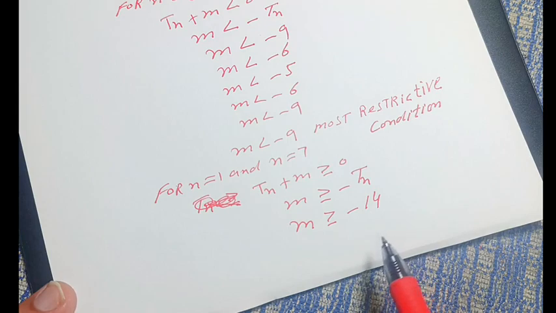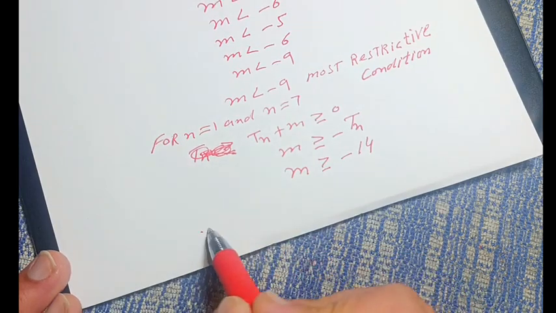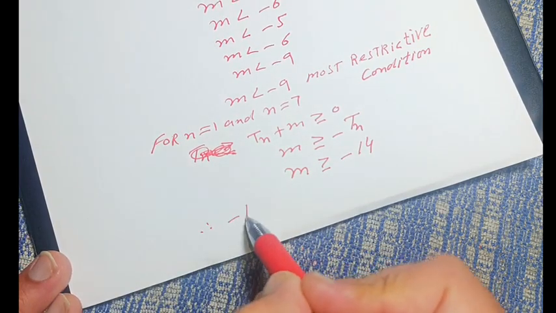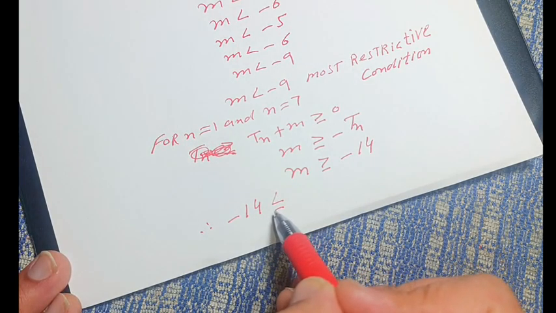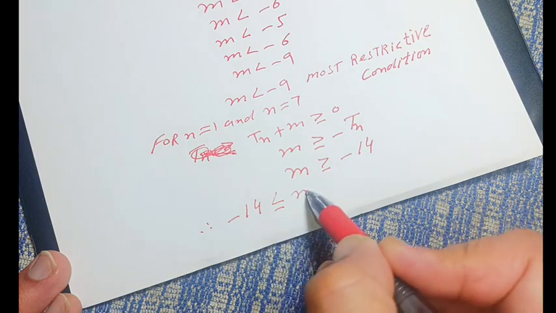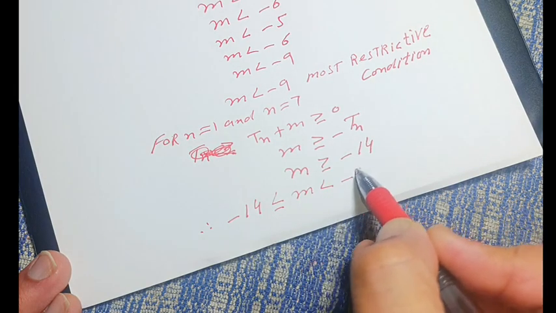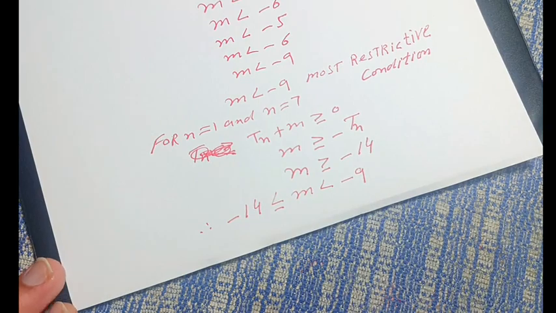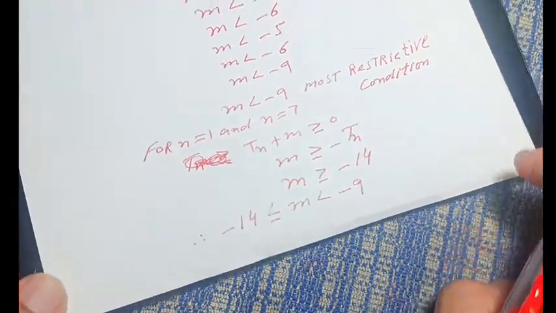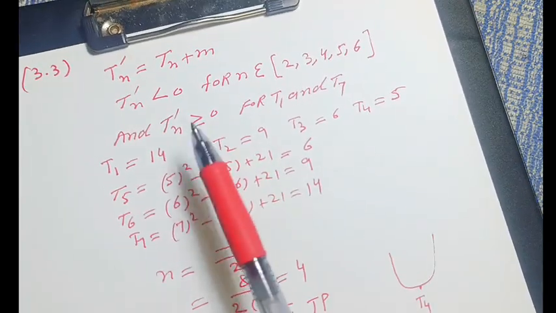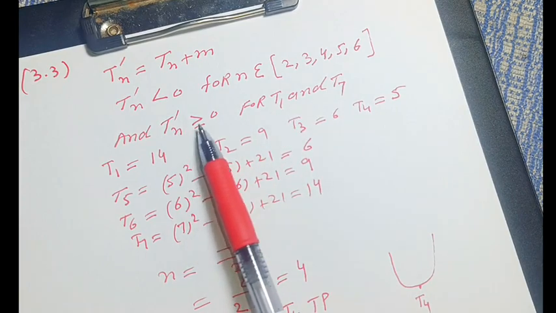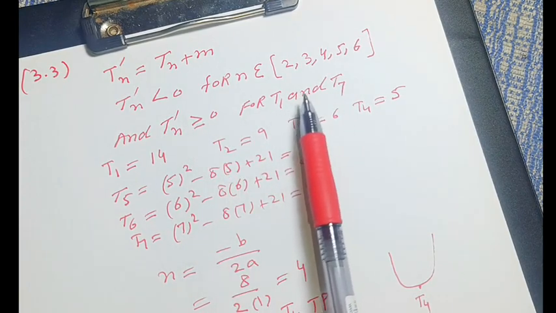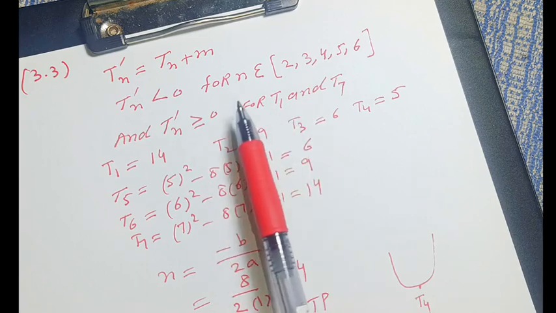So now we can combine the inequalities. Therefore we can say negative 14, which is included, up to m till negative 9, where negative 9 is not included. But remember, we said earlier that for T1 and T7, Tn mustn't be negative, but can be equal to 0 or greater than 0.